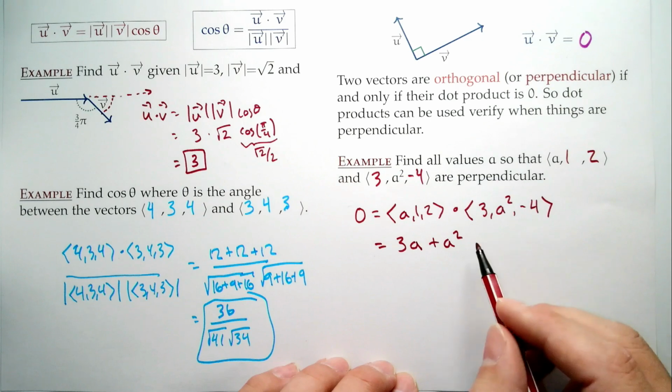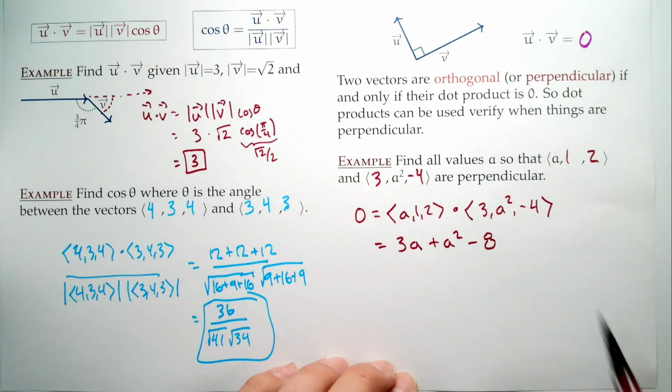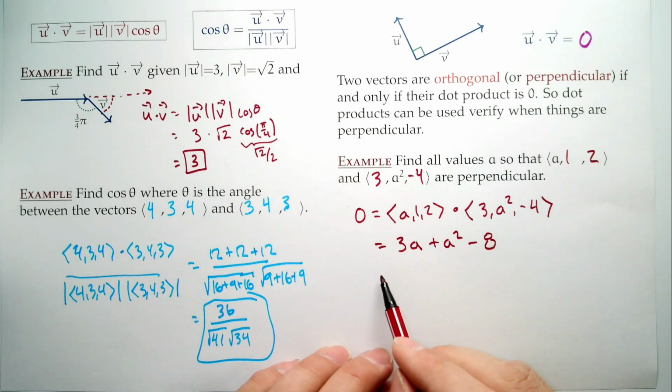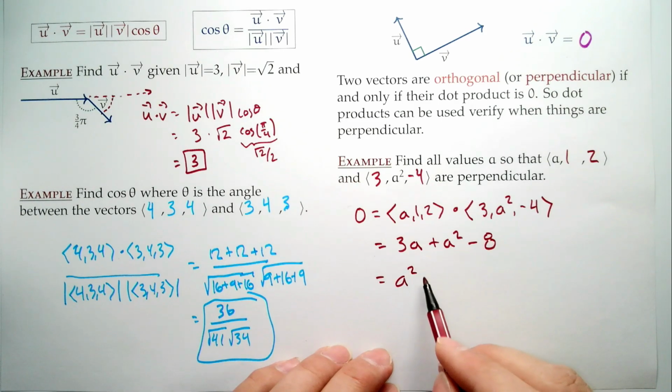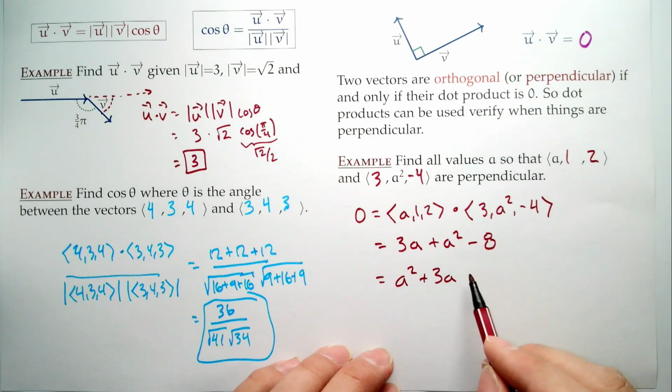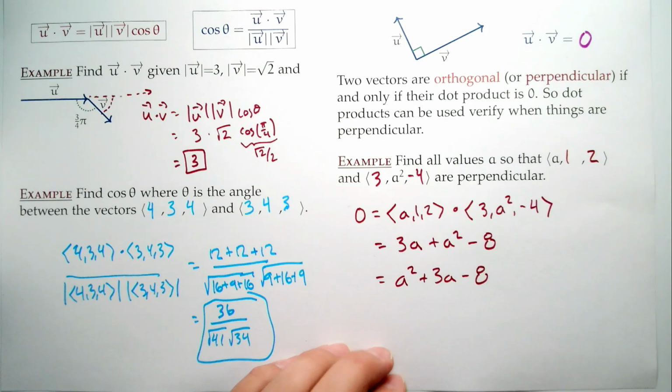And 2 times negative 4 is negative 8. Now, it's kind of like a quadratic because it is a quadratic. If we rewrite it, it's a little easier to see. A squared plus 3A minus 8.